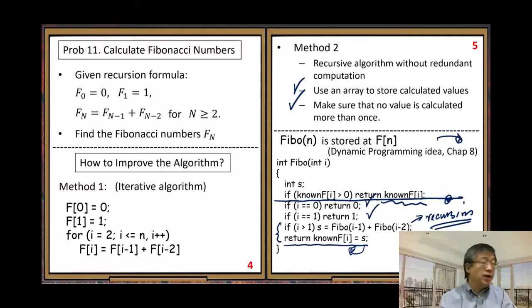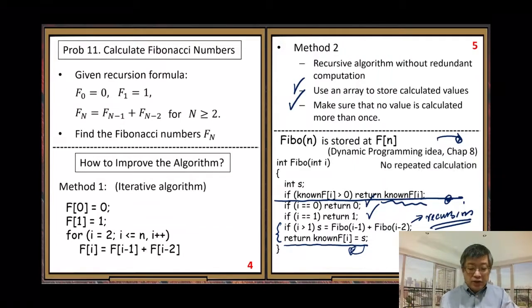This method is extremely important in computer algorithms. Dynamic programming is a big topic. For this class, we may not have that much time to learn that topic. The good thing is we understand that concept, that idea, right here when we solve Fibonacci numbers.